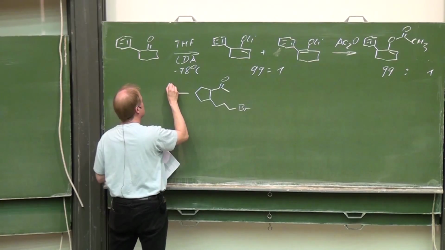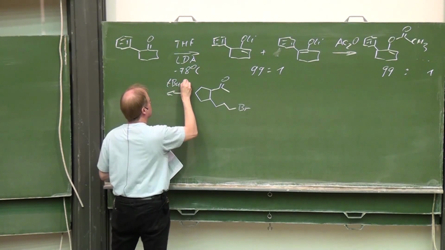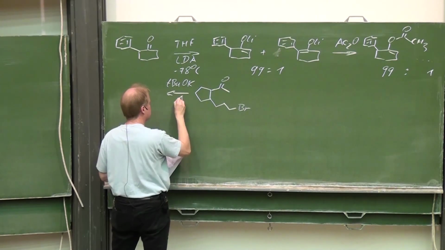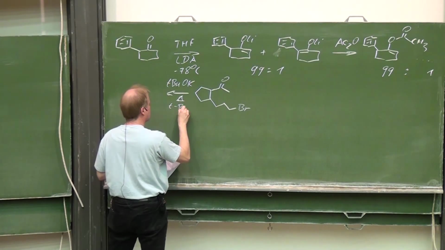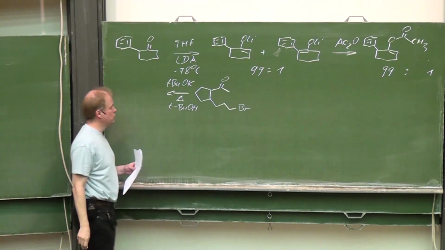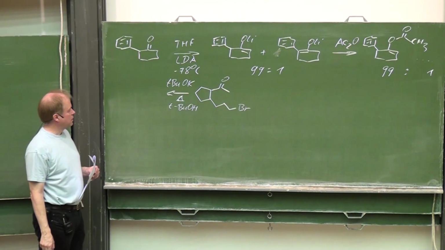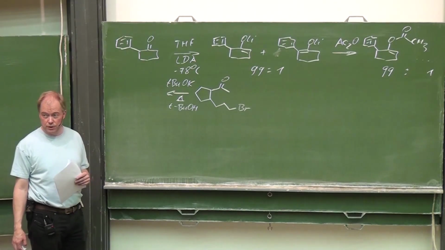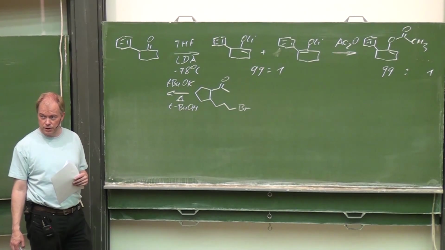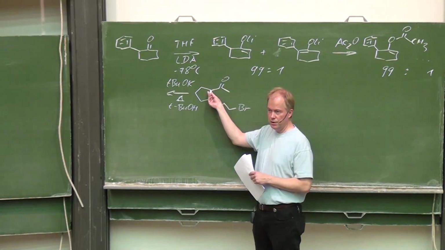If we choose potassium t-butoxide, higher temperature, tertiary butanol, we should get a reaction which has the thermodynamically favored enolate as the predominant one. And this means deprotonation here.